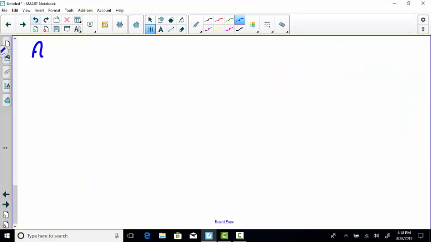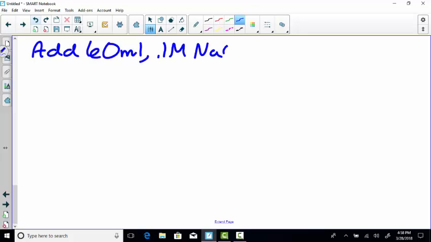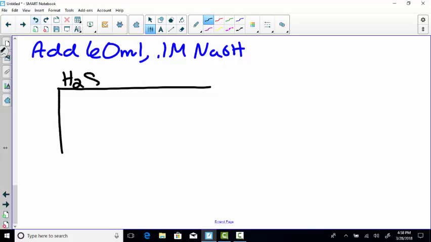So now we're going to add 60 milliliters, 0.1 molar NaOH. Okay? ICE chart. H2SO4 plus 2 NaOH.